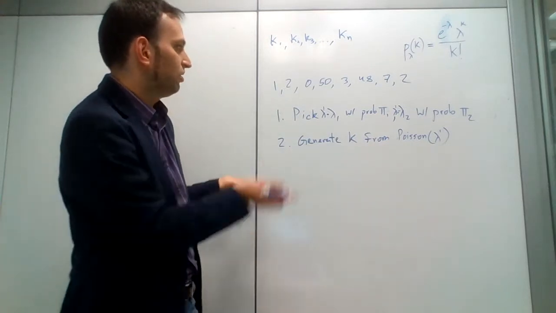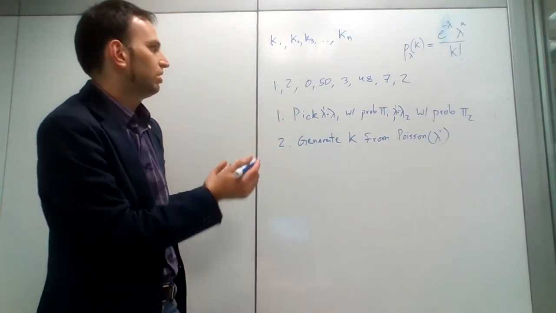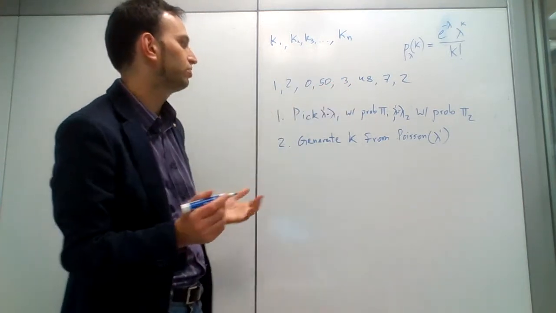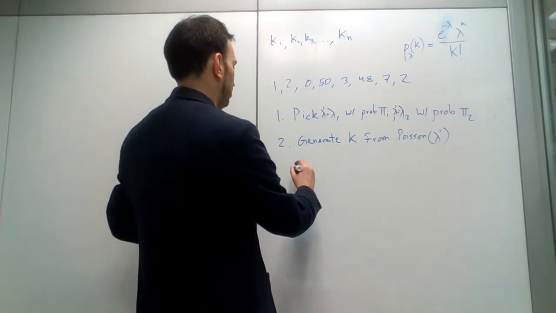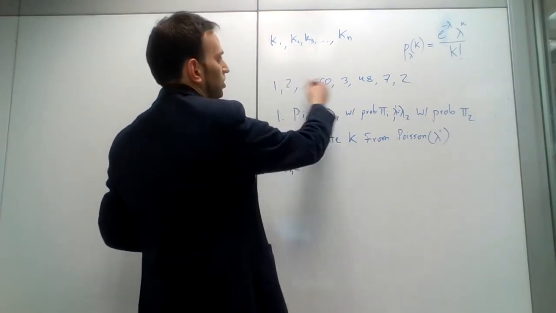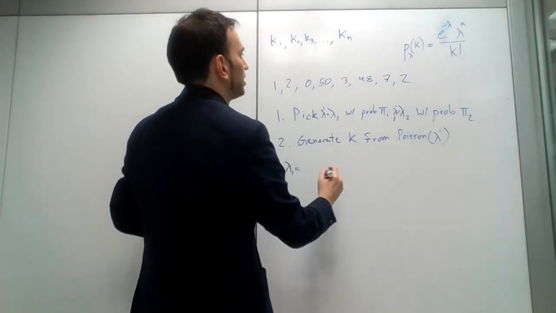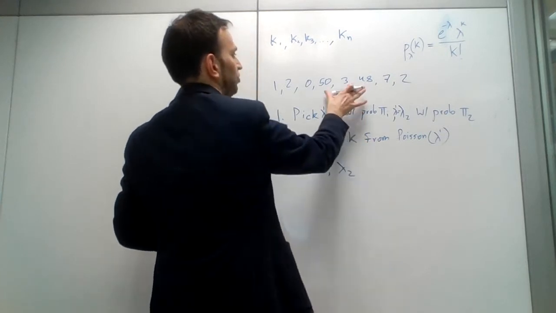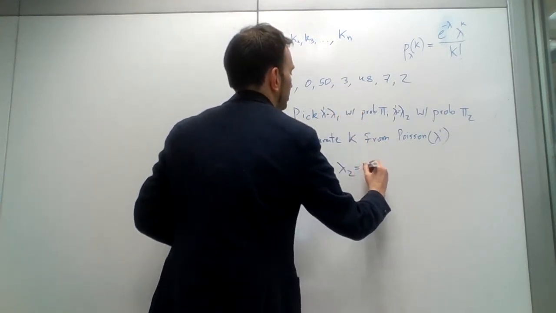Okay, so let's make up some plausible looking numbers. Here you have fewer large numbers than you have small numbers. So maybe lambda 1 is equal to something, maybe 1.5, and maybe lambda 2, here it's easy, just take the average, is equal to 49.